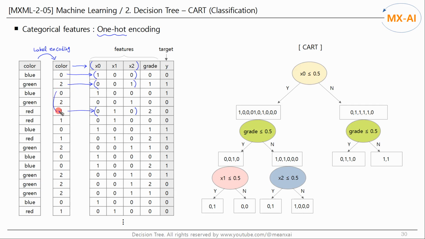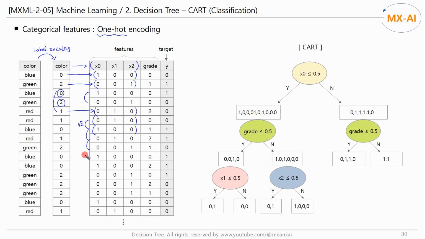Label-encoded values have ranks from 0 to 2, but one-hot encoded vectors have no rank and are independent of each other. Since the Euclidean distance between one-hot encoded vectors is square root 2, all vectors are separated by the same distance.